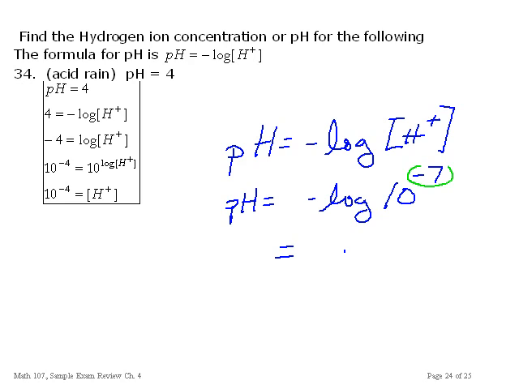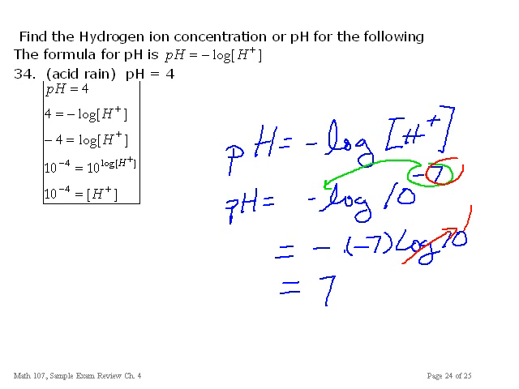By taking the log, the exponent comes out in front as a multiplier. So I have a negative sign multiplying a negative 7 times the log of 10. Well, log 10 is really 1, so all I have is the negative of a negative 7, which is 7. So for the simple case where it's 10 raised to some power like minus 7, the pH just grabs this number.